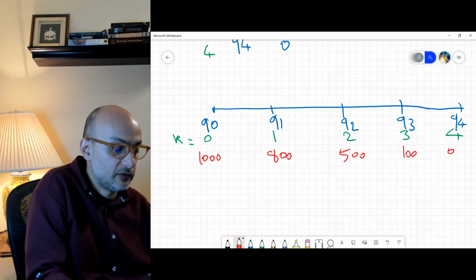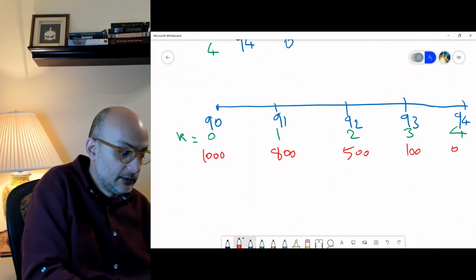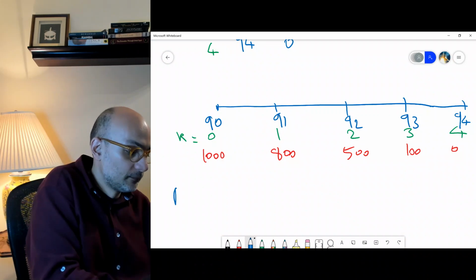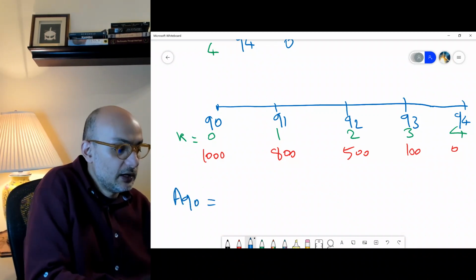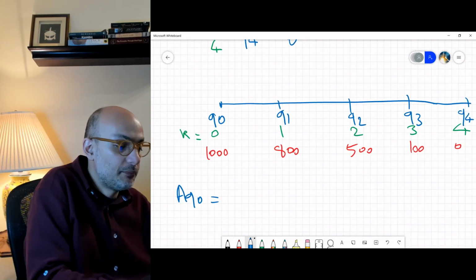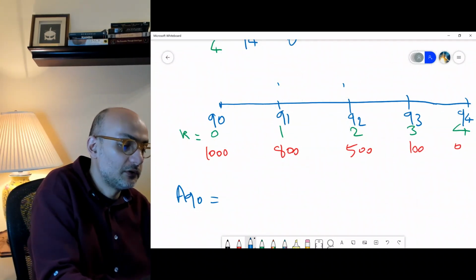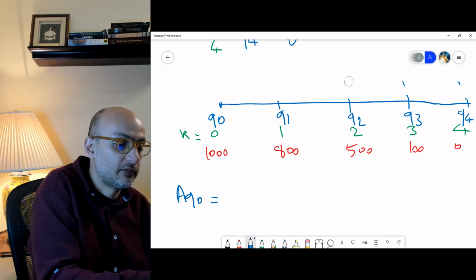So obviously there is death. We need to find A90, and we don't see any bar, so it's discrete. The payment here, or here, or here, or here, depends on death.